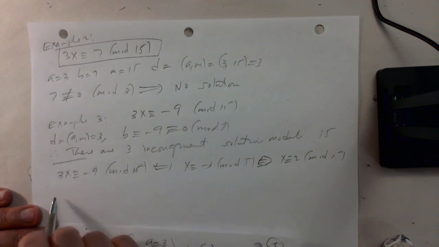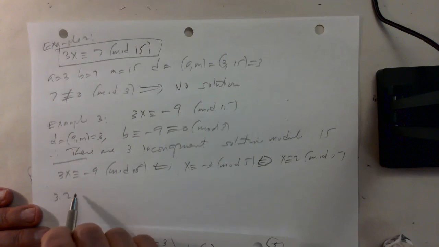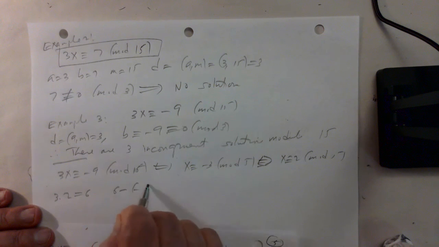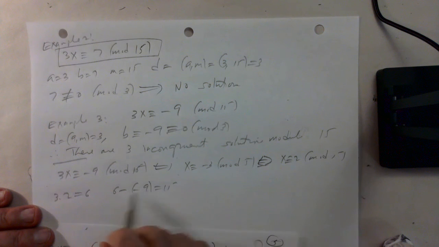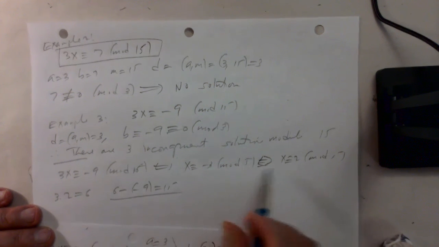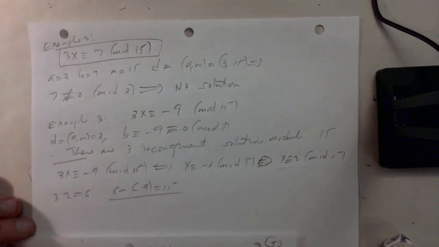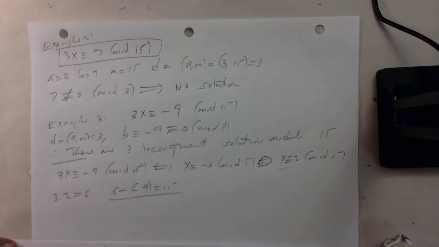Let's just check. 3 times 2 is 6, and 6 minus minus 9 is 15. So x equal 2 is certainly a solution. And what are the numbers congruent to 2 mod 5 that are different modulo 15?